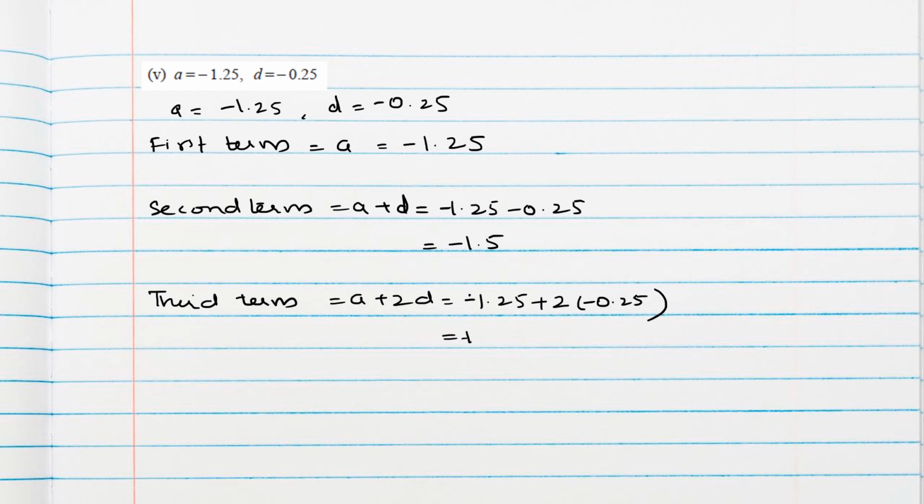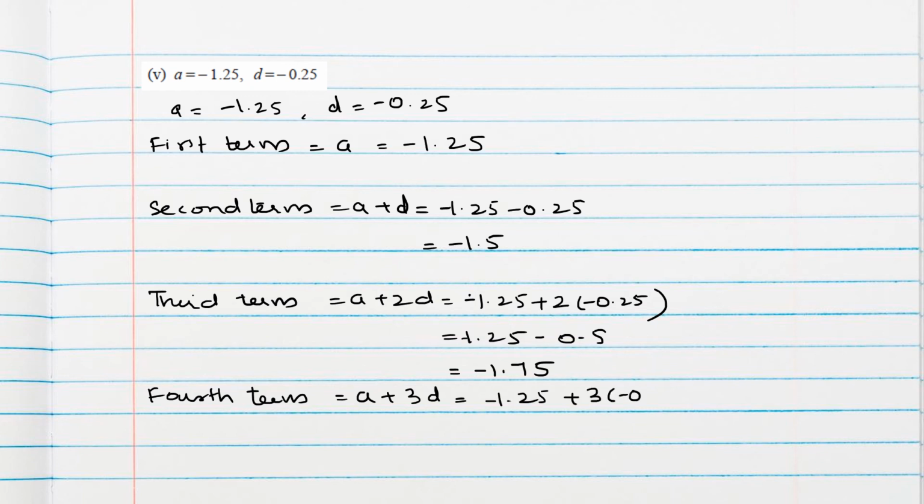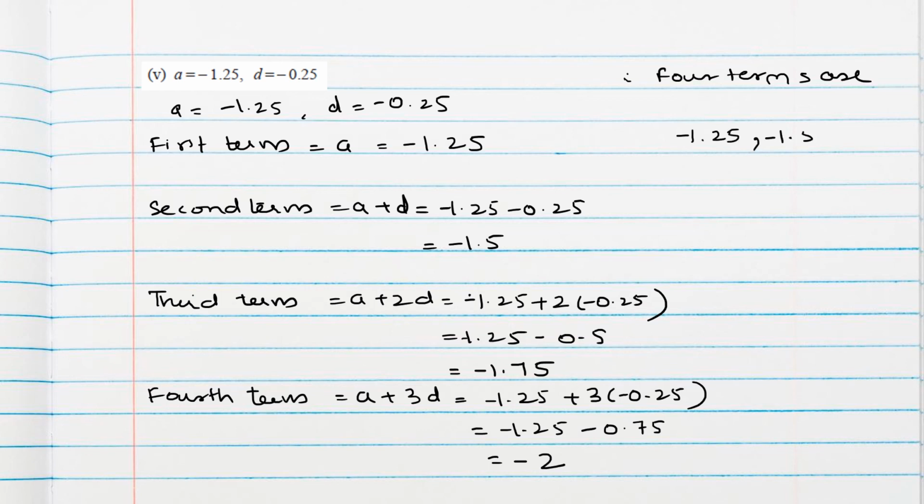So minus 1.25 and minus 0.5 will give minus 1.75. And the fourth term will be A plus 3D. So minus 1.25 plus 3 times minus 0.25 will give minus 2. So we can write, therefore, the 4 terms are minus 1.25, minus 1.5, minus 1.75 and minus 2.